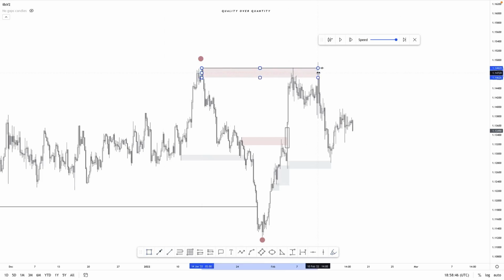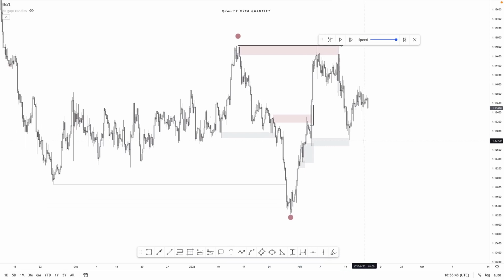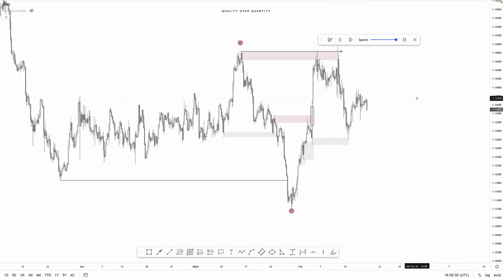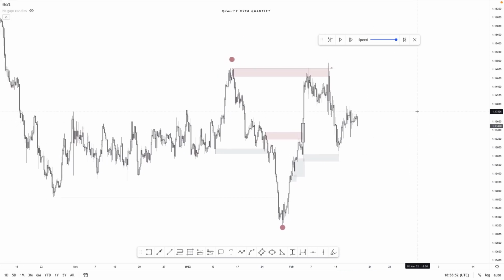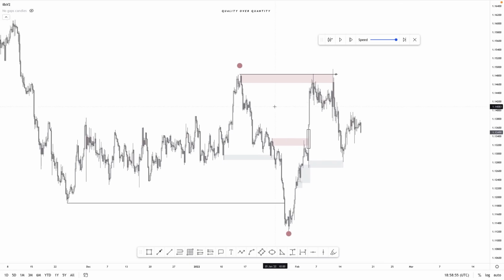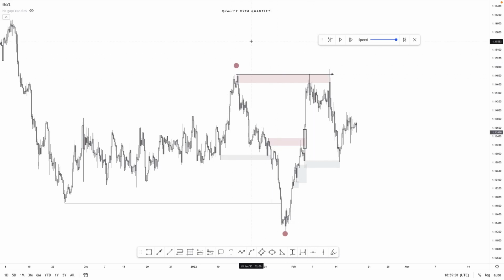And so what happens is that at the moment, higher time frame direction is not very clear. Because on one end, you could say we failed to close above the daily swing point, and so daily structure is still bearish, and we should come down and take out this low.